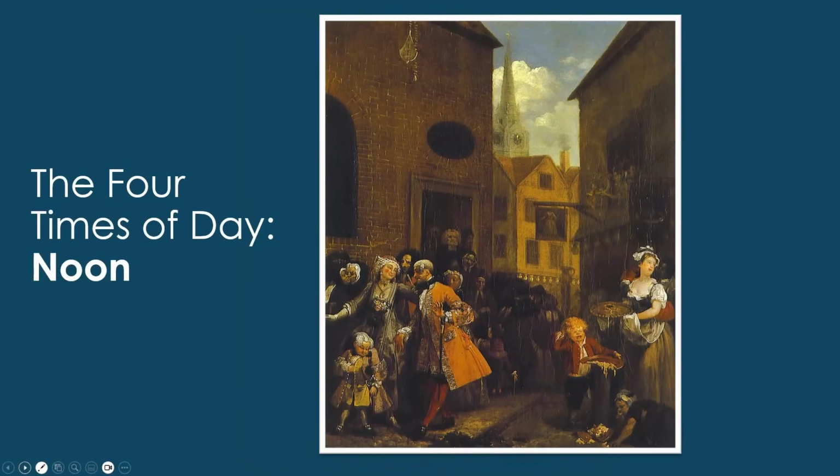Noon. This scene takes place in Hog Lane, part of the slum district of St Giles, with the church of St Giles in the Fields in the background. The picture shows Huguenots leaving the French church in Soho or the Huguenot chapel on West Street, St Giles.